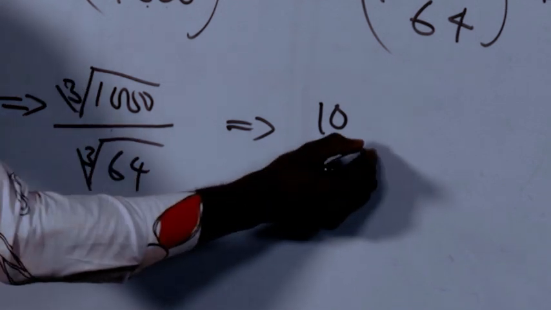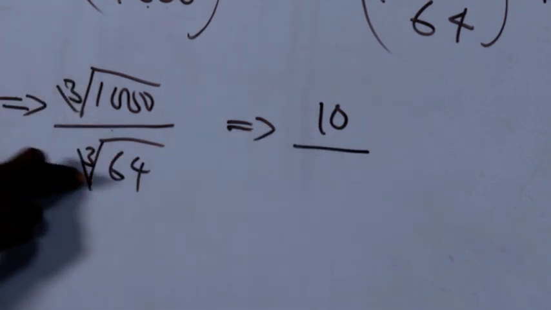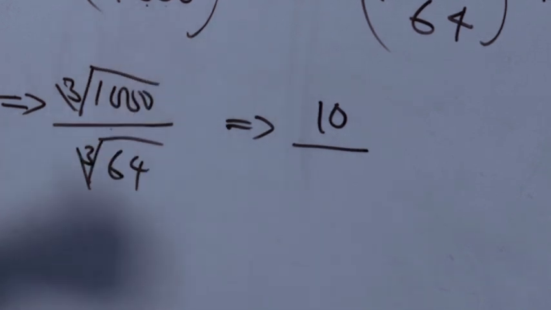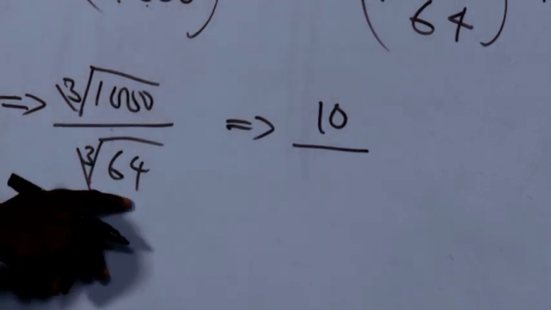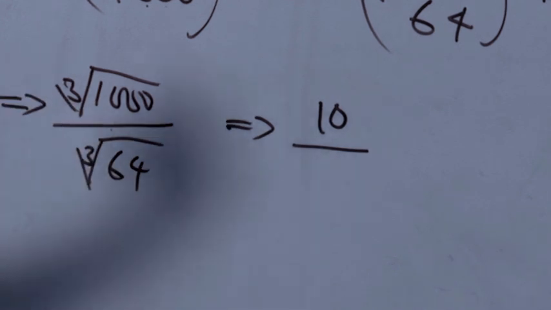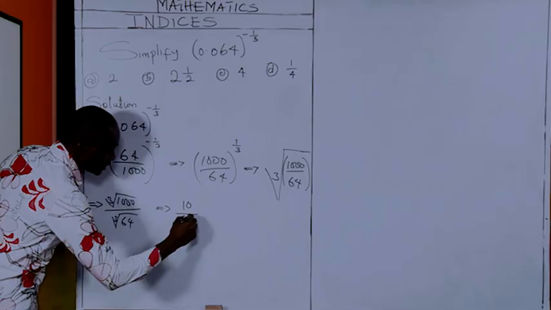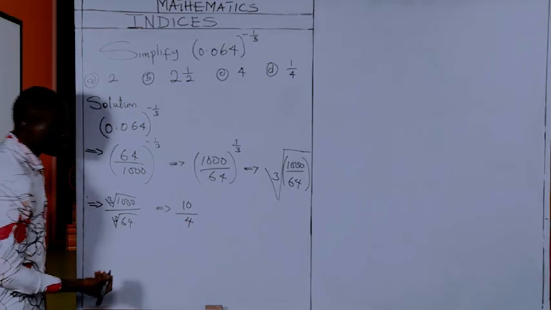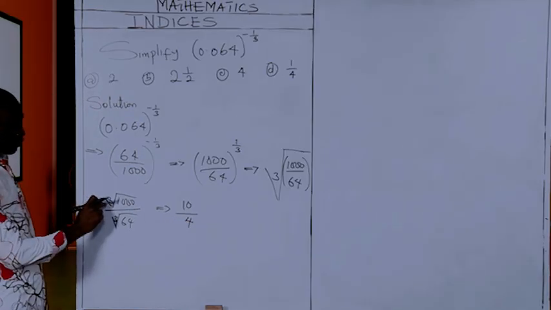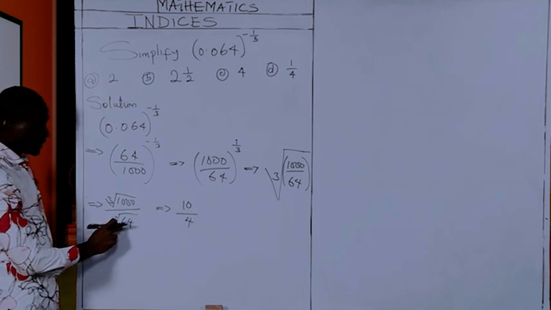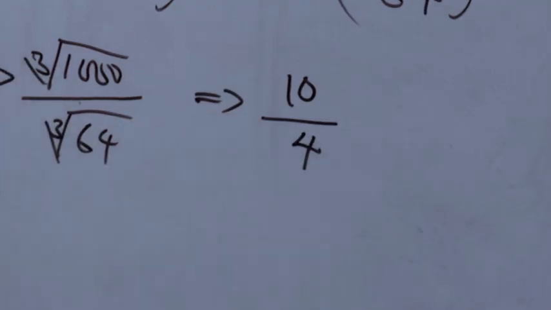Now the cube root of 64: what is the number that will multiply itself 3 times to give 64? That number is 4. So the cube root of 1000 is 10, and the cube root of 64 is 4.